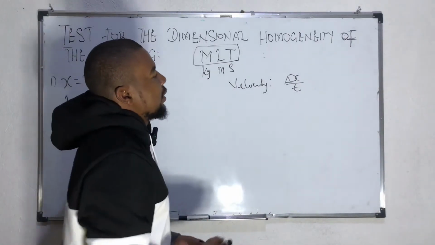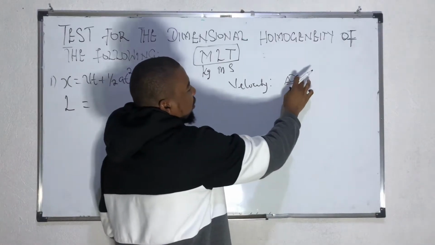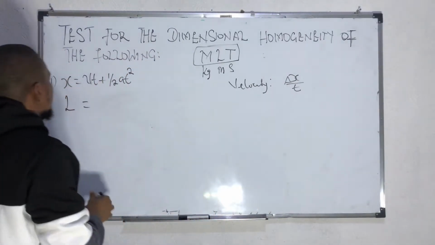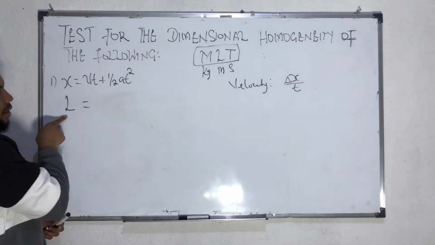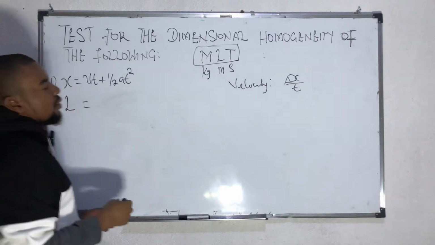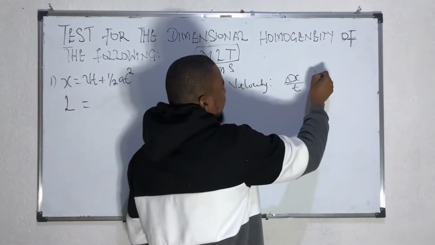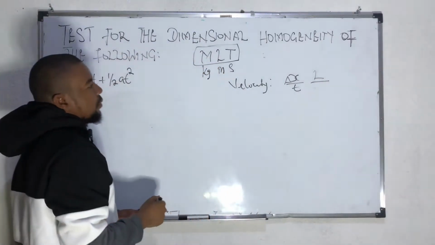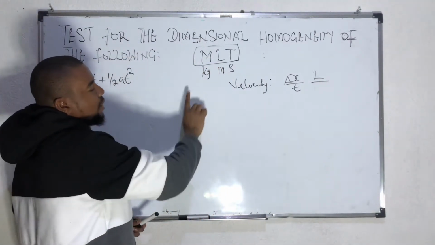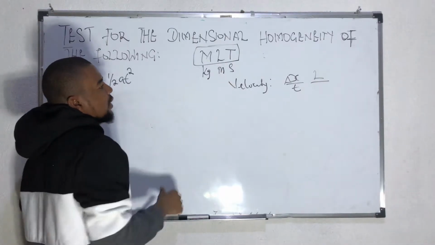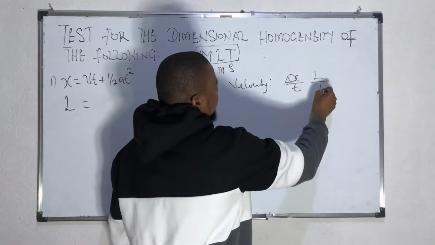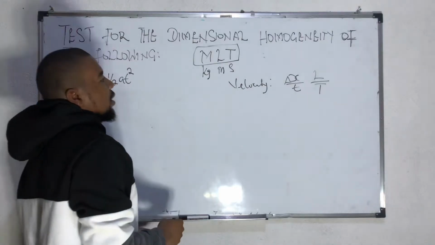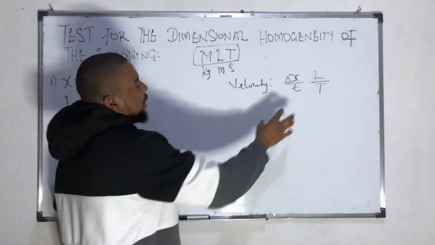Now, this x here, remember that the dimension for x is length, which is L. So we say L over the dimension for time. We don't say seconds when dimensioning, we use the capital letter T. Now, we're not going to leave it like this.